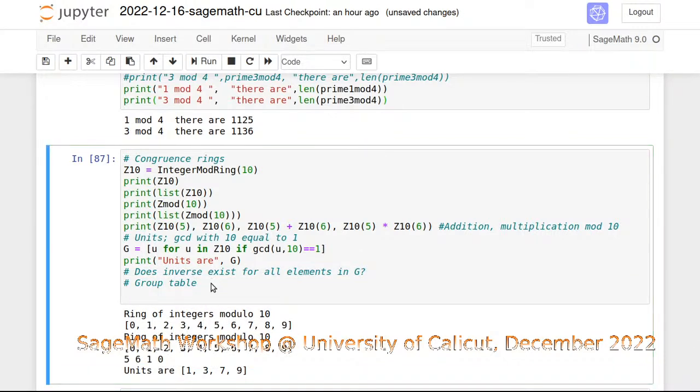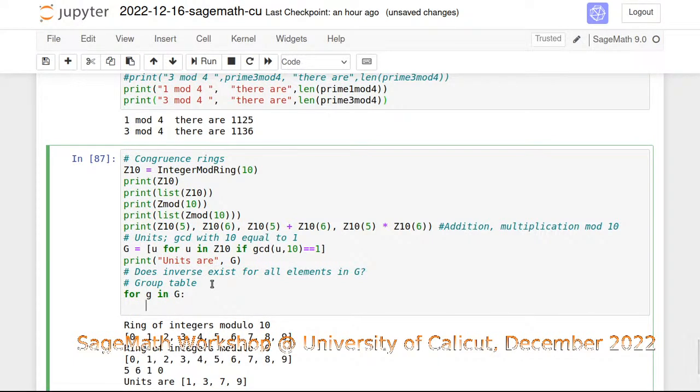So how do we find the group table for G? So what are we supposed to do? Print, no, we need a loop. We know that the elements are nothing but, so how many elements are there we need to count.